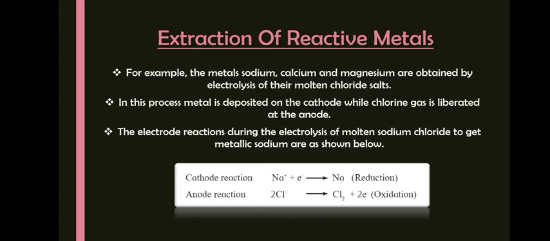Na+ is an ion, Na is an atom. Anode reaction: because the anode is positively charged, anions will move toward it. Anions means negatively charged, that is Cl-. So Cl2 plus 2 electrons, that is they are oxidizing themselves, and sodium ion will be reduced. So basically a redox reaction is taking place.